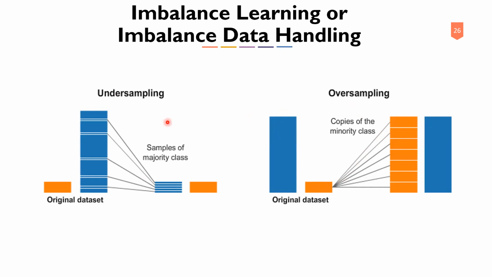What if we have a data set with instances in the number of lakhs? Then we can do undersampling. On one hand we have 8 lakhs or 9 lakhs instances in the majority and 1 or 2 lakhs in the minority.